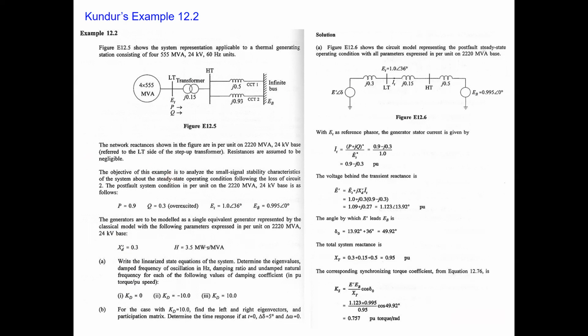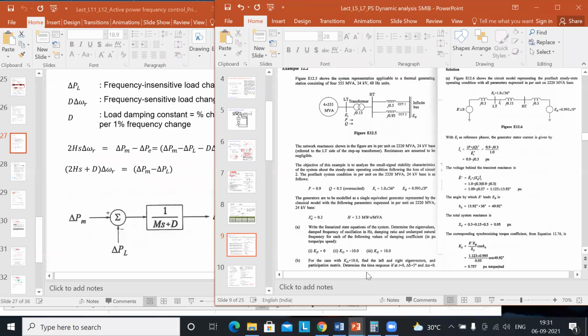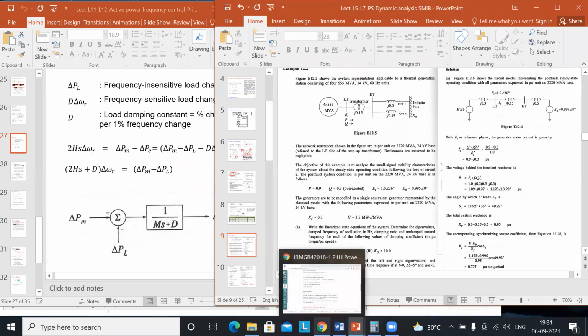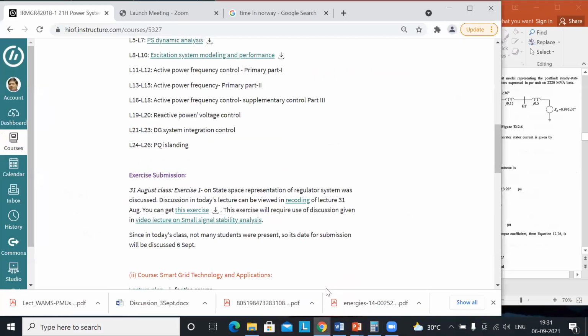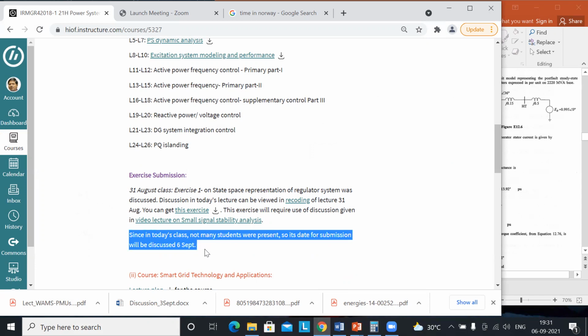One more point I wanted to discuss. What should be the date for submission? I think I have uploaded exercise 1. And then add what you want.